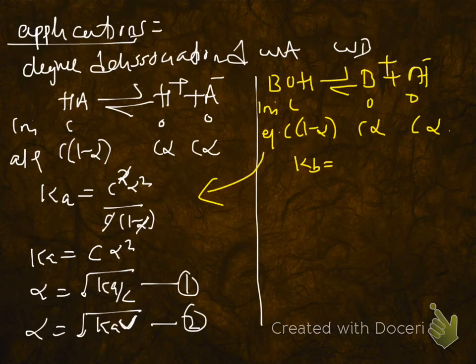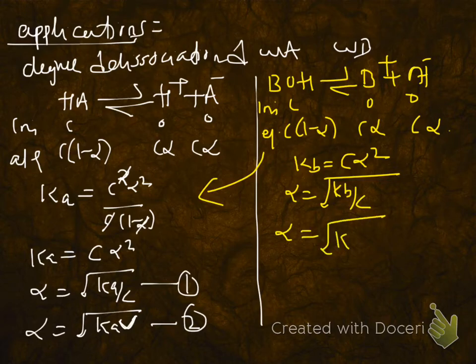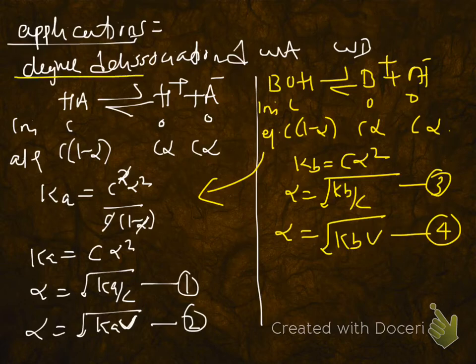Then Kb equal to C square alpha square by C into 1 minus alpha, and by cancellation we reach Kb equal to C alpha square, and alpha equal to root of Kb by C, or alpha equal to root of Kb into V. So we have obtained 4 relations. This is the calculation of degree of dissociation alpha for weak acid and weak base.